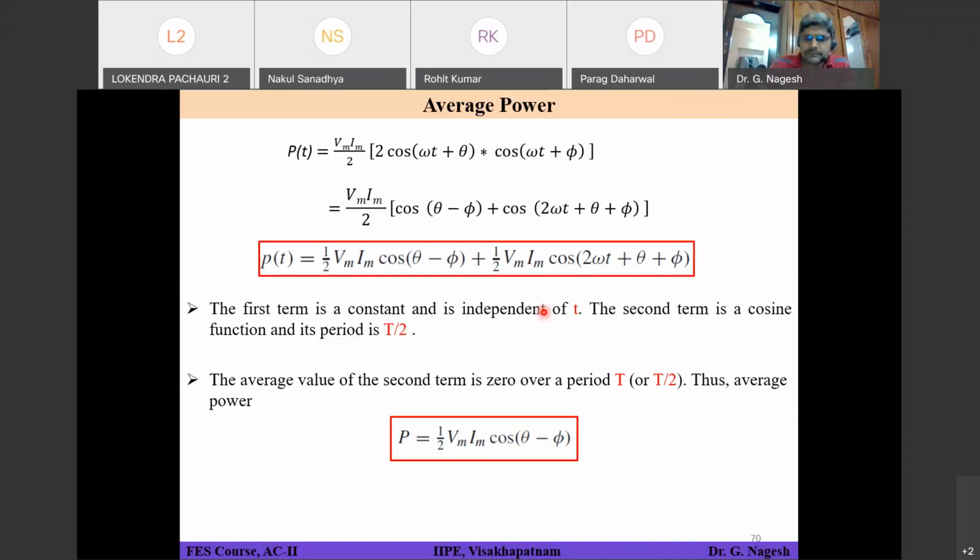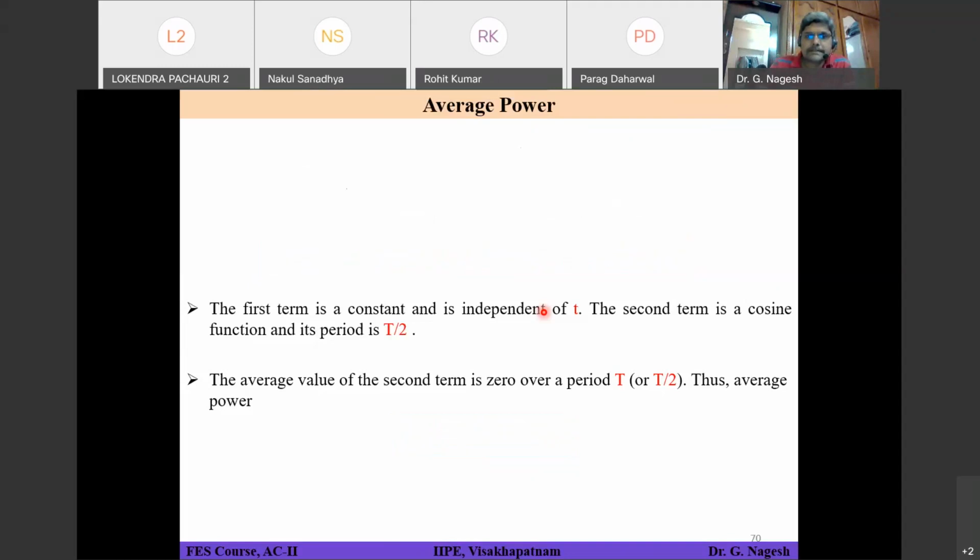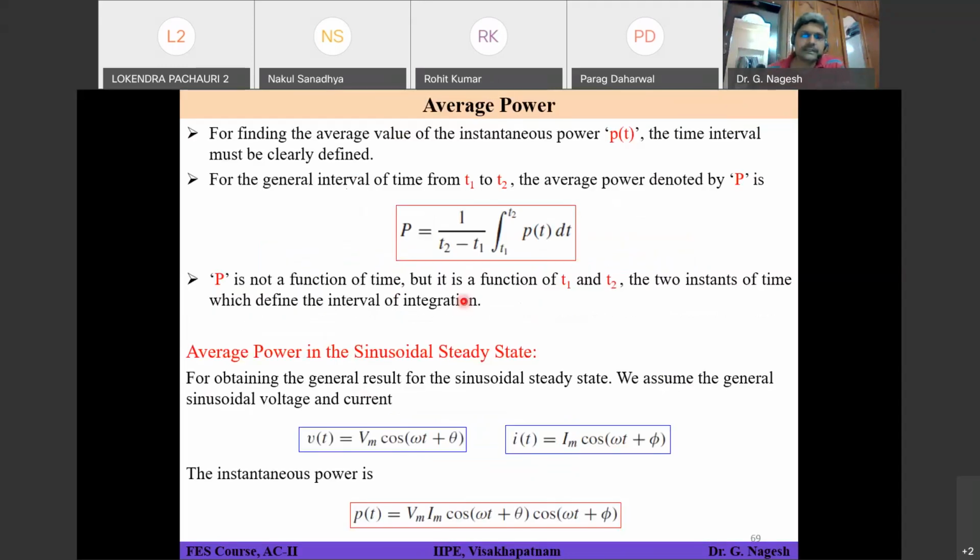If you see here, what is the time period of this v of t? It depends on omega. So omega is basically 2 into pi into f. So that f is 1 by T, 1 by capital T.